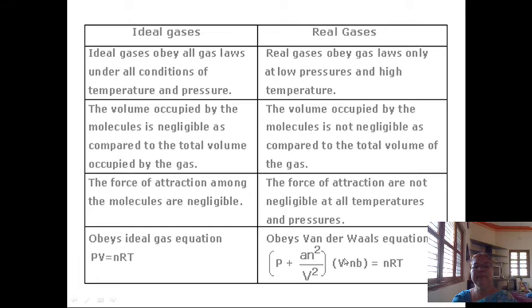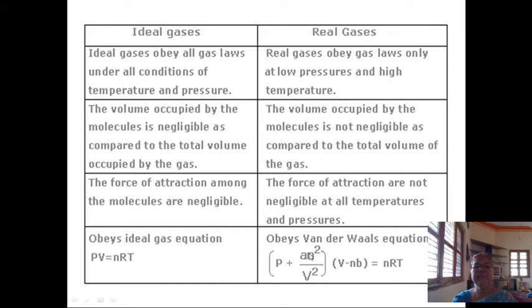In the next point, you will be able to derive the van der Waals equation. For the time being, simply remember the van der Waals equation: P plus a n squared upon V squared, into V minus nb, equals nRT.